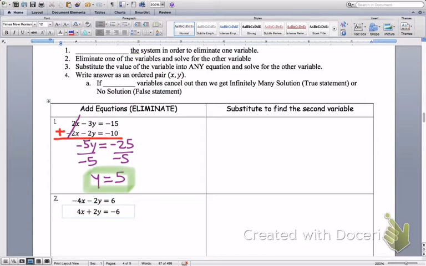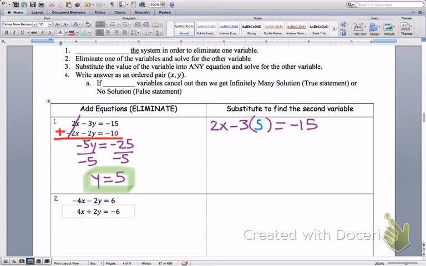So I'm going to recopy the first equation. So here's the first equation, and I'm going to replace this y value for a 5, because y is equal to 5. I know what its value is now. So I'm going to go ahead and plug in that 5 here.